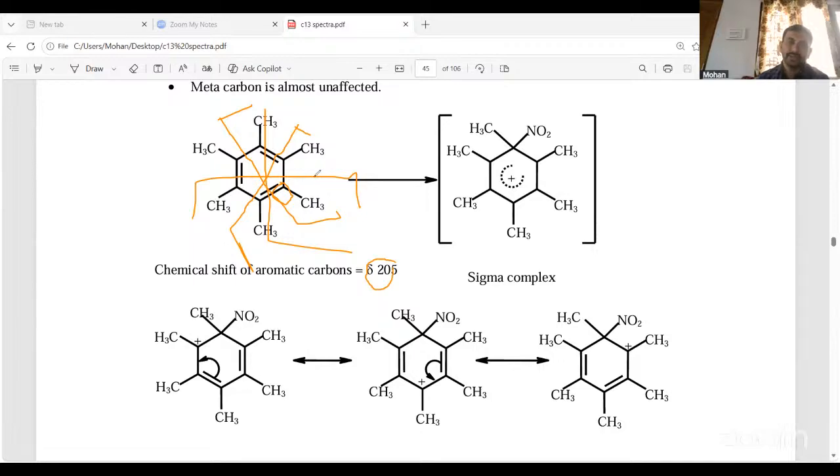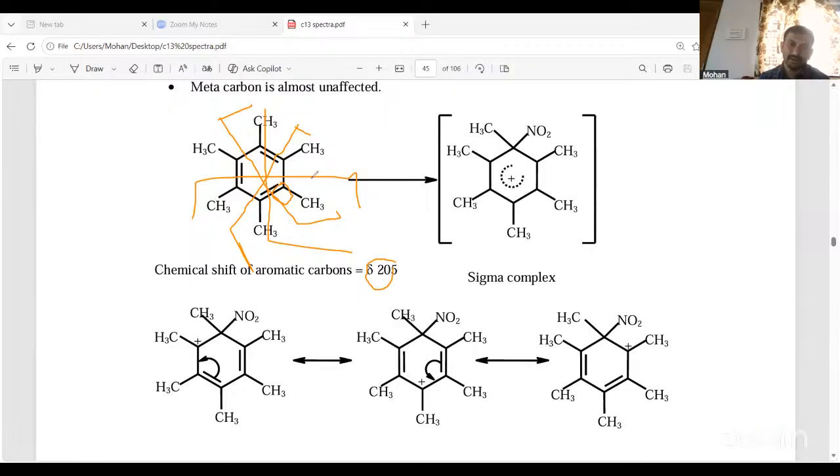Okay. So you can get the idea whether the particular reaction is proceeding through an intermediate or through a transition state. Right? So this observation will be made with the help of the C13 spectrum.